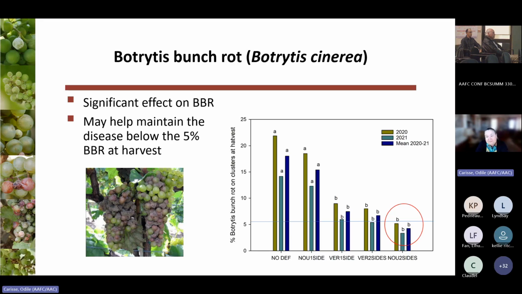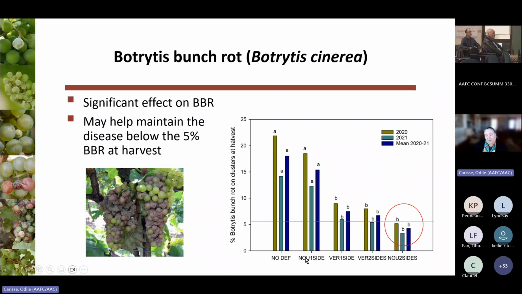So for botrytis bunch rot, as expected, there was a very good impact. Here I must say that leaf removal was the main practice for botrytis bunch rot management. I don't know if you can see my mouse, but if you look at the control treatment, overall we had about 20–25% bunch rot depending on the years.